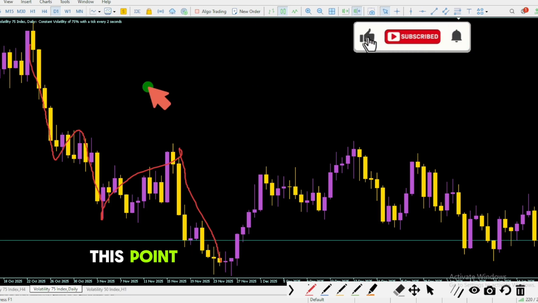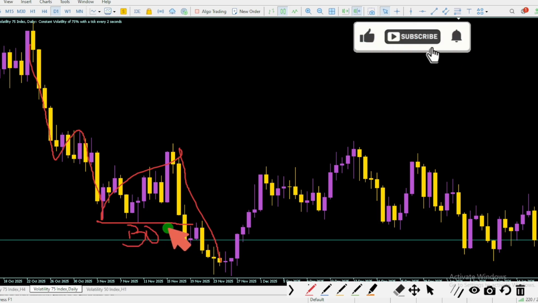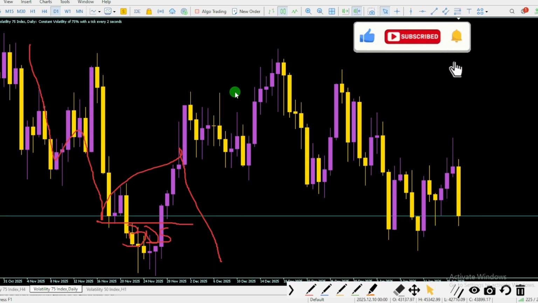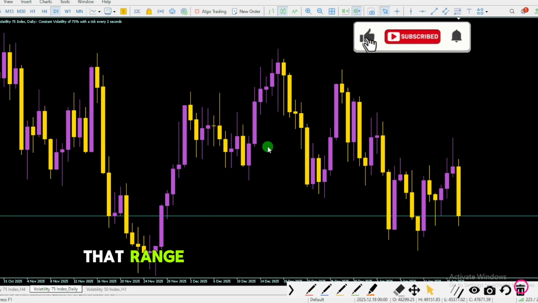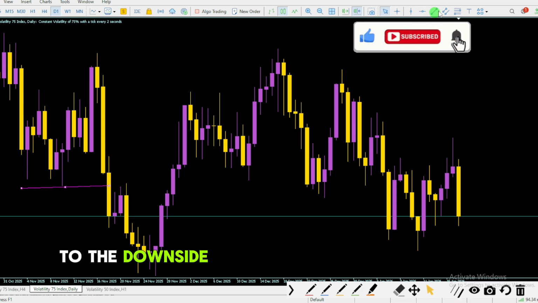Then at this point, after breaking this, giving us this break of structure, you can see that range clearer at the moment. The market broke structure to the downside.